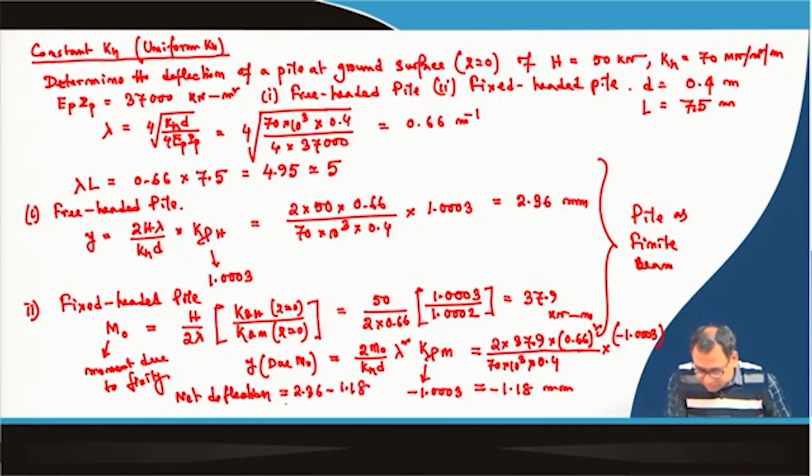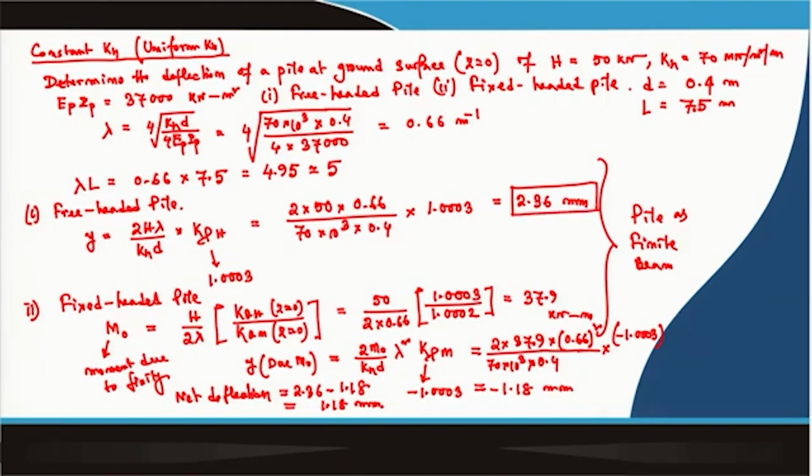So, the deflection of the fixed headed pile at z equal to 0 is 1.18 millimeter. So, this is the deflection of the pile at z equal to 0 for the free headed pile, and this is the deflection at z equal to 0 for the fixed headed pile.